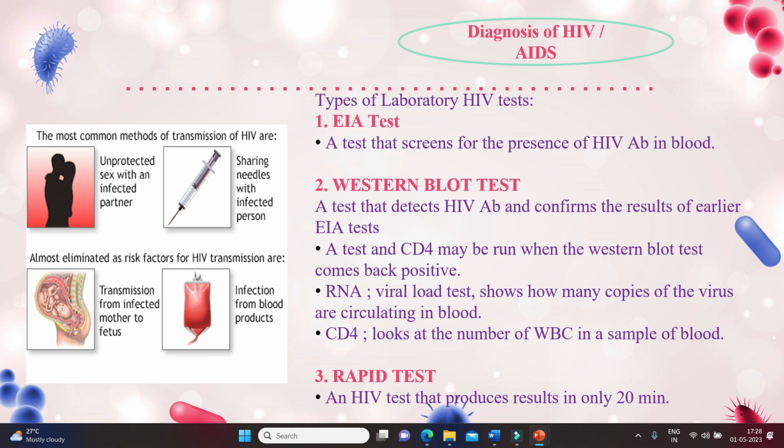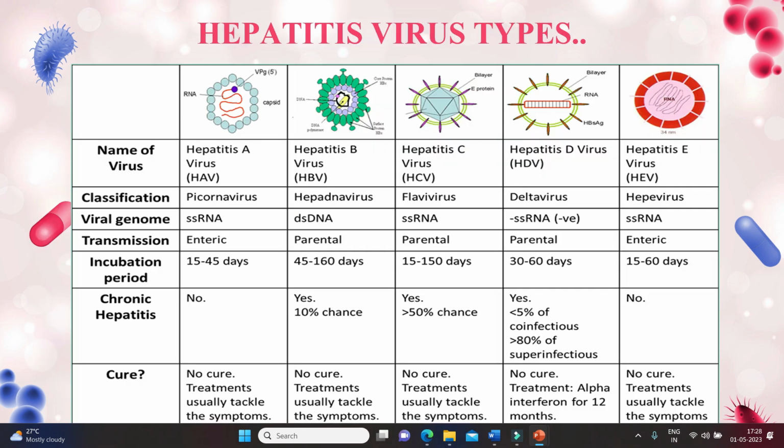Diagnosis of HIV and AIDS: types of laboratory HIV tests. The EIA test screens for the presence of HIV antibodies in blood. The second one is the Western blot test, which detects HIV antibodies and confirms the results of the earlier EIA test.